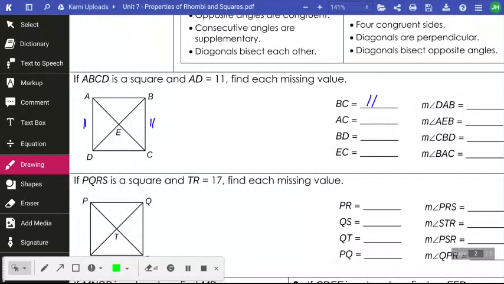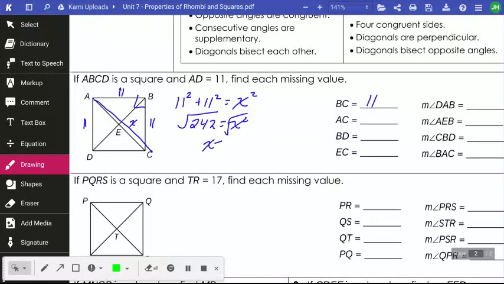Then it wants us to find AC, which is here. And since all sides are 11, I'll use the Pythagorean theorem, because these are all right angles because it's a square, with 11. And I'll let the diagonal be x. And I will solve this carefully. So I will do 11 squared plus 11 squared is going to be 242. Square root both sides.